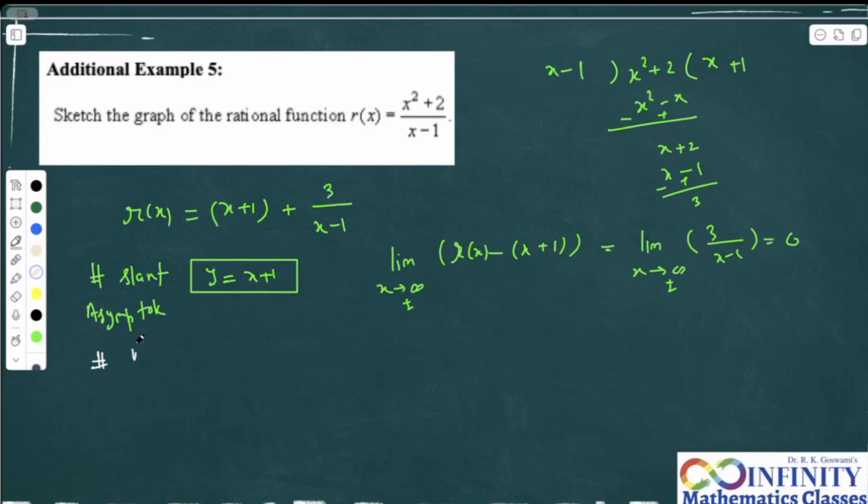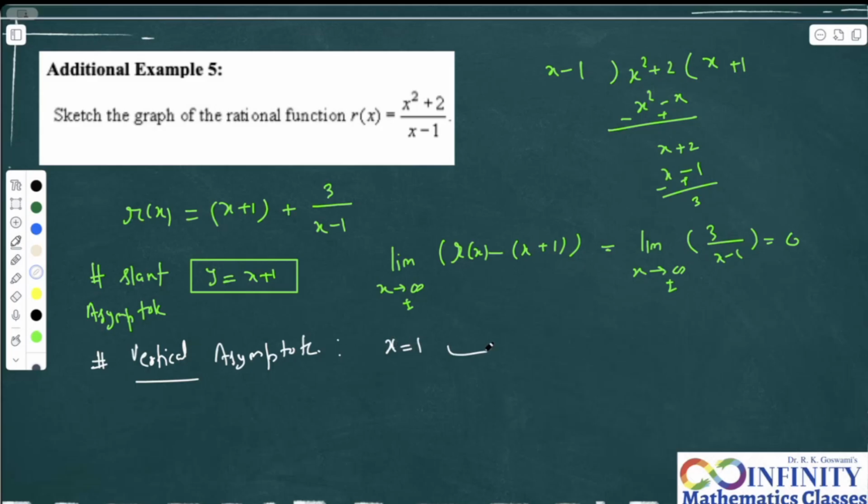One is the vertical asymptote. Please help me with the vertical asymptote. For the vertical asymptote, just look at the denominator. So I can tell you that x equals 1 is going to be the vertical asymptote.